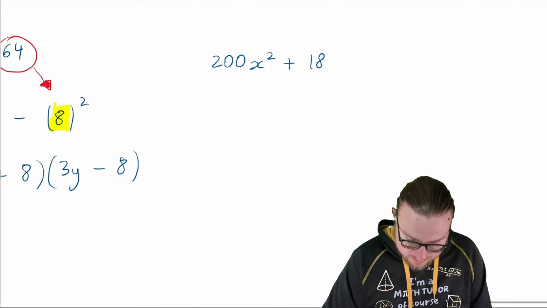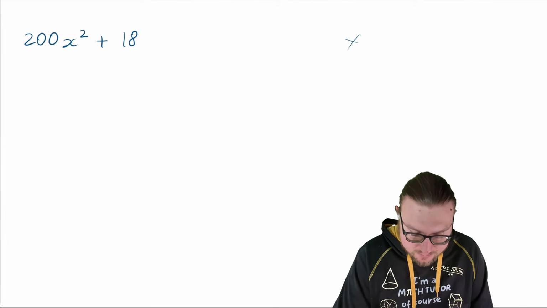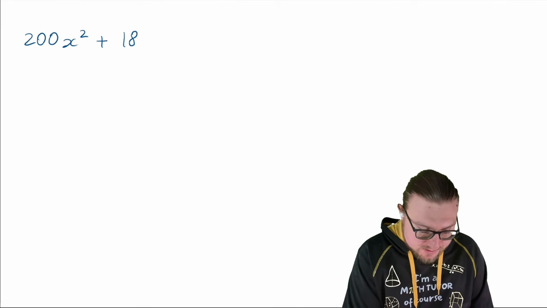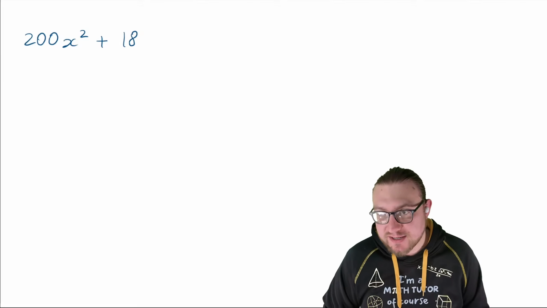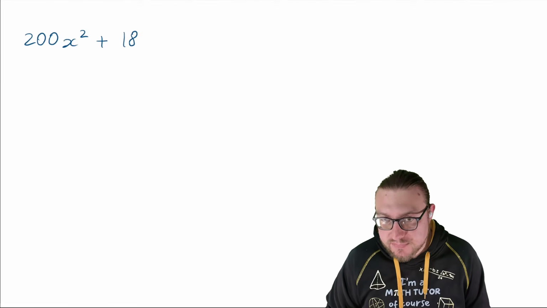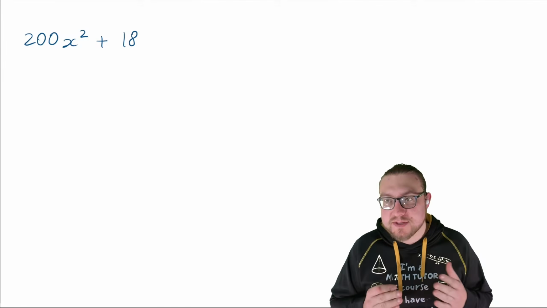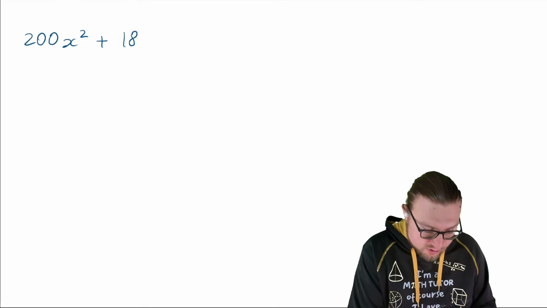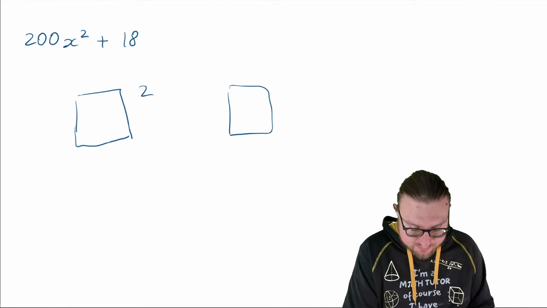Okay, now as with all of the other factorizing methods, always keep in mind that we need to first divide or take out factors that are in common. If you forget to do that, most of the time it's okay, but we are going to struggle. So let's have a look what happens if we apply the same rule here.